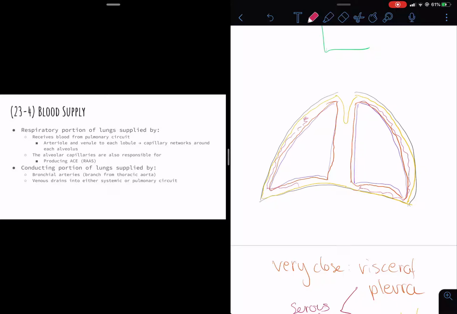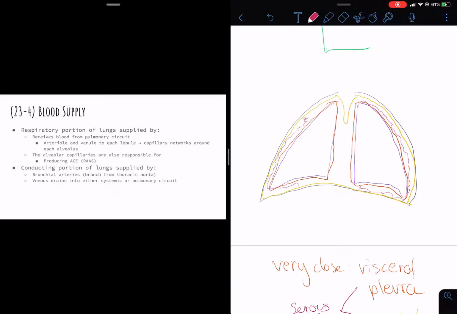So the blood supply to the right and the left lung, we already know this from the cardiovascular unit, because we're receiving blood from the pulmonary circuit in order for it to be reoxygenated and distributed back to the heart. So we have the pulmonary arteries that are going to the lungs and the pulmonary veins that are carrying oxygenated blood back to the heart. And we already talked about this in the alveoli video with that cartoonistic depiction, but we have a bronchial arteriole and a bronchial venule to each lobe, and capillary networks in between to provide blood to and from each alveolus.